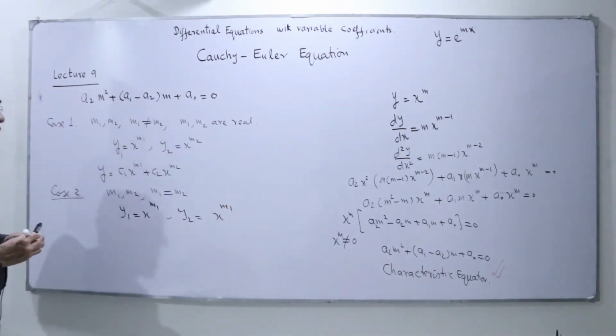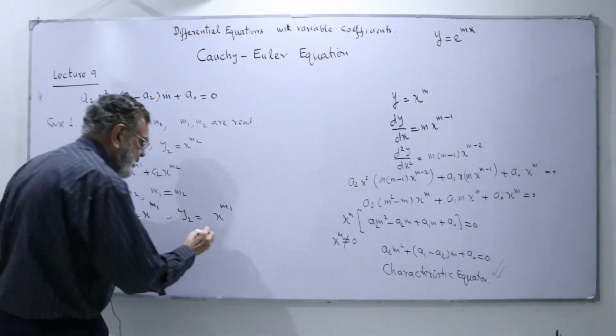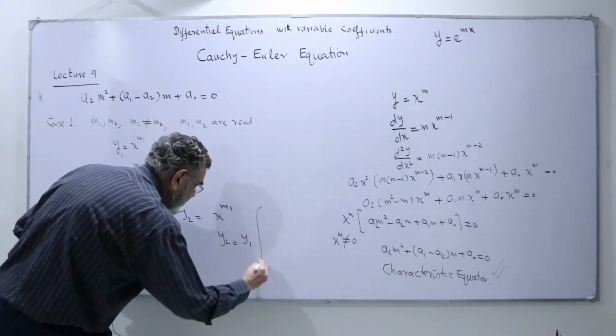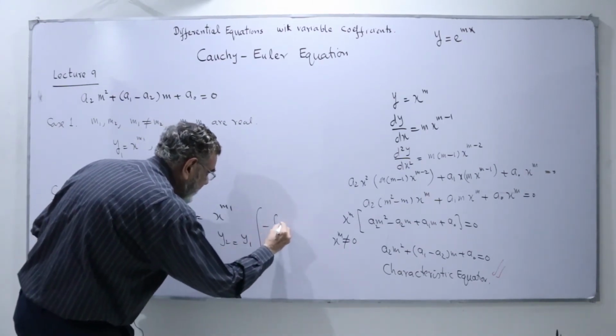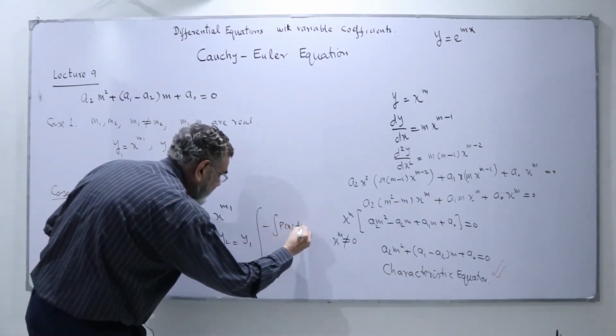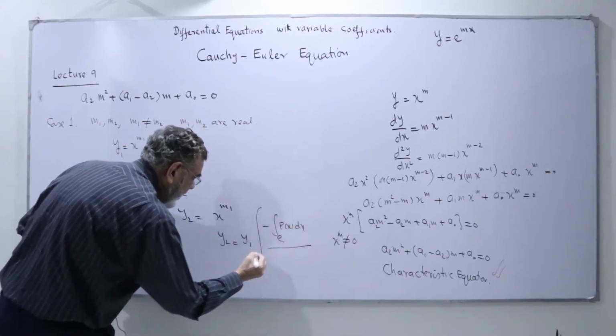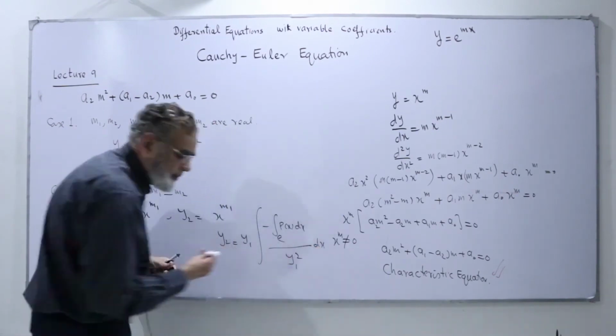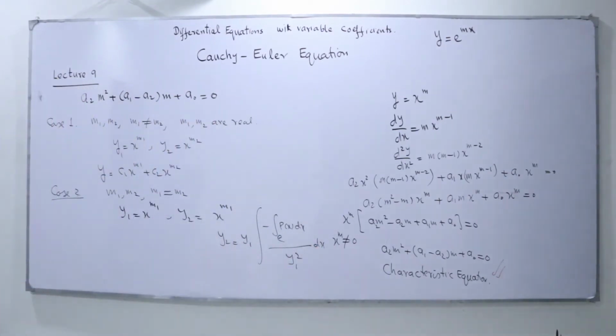Here we're having the root repeated, then we use our formula, y2 is equal to y1 integral of e to the power minus integral p of x dx, divided by y1 whole square, dx. When we solve this one with the help of this formula, then we are going to get it here.